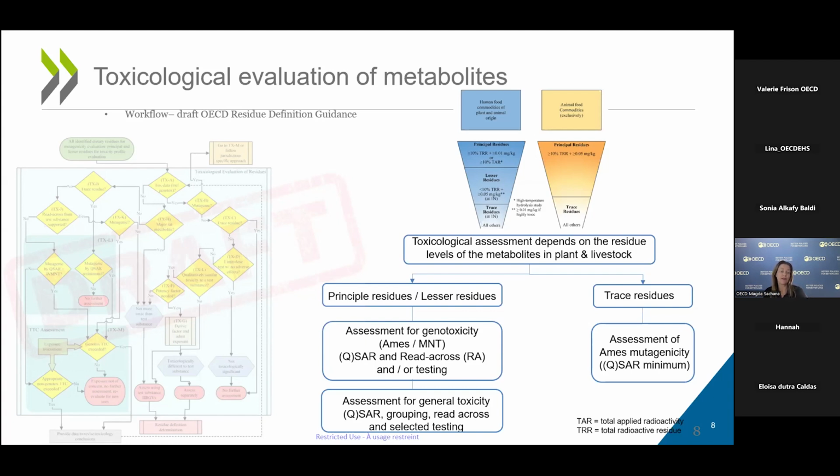Then we can go even deeper to general toxicity tests, using this new toolbox that toxicologists can now use. On your right side you can see the trace residues require less demanding testing. The assessment here is only for mutagenicity, and even a QSAR prediction can be used.